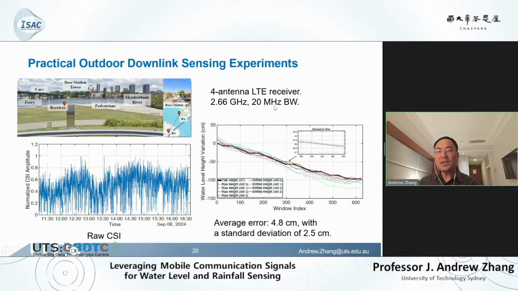In all of the scenarios, we achieved various degrees of accuracy, and the mean accuracy is about 4.8 centimeters. All right, so there's a bigger accuracy degradation compared to the controlled lab environment.